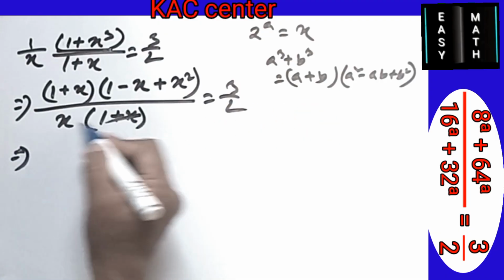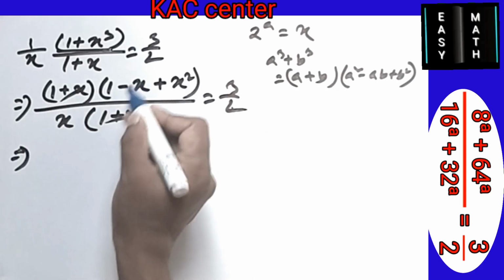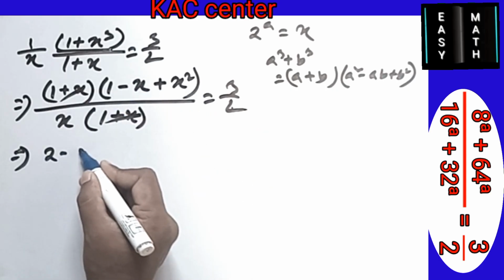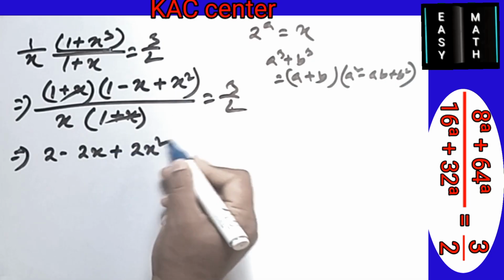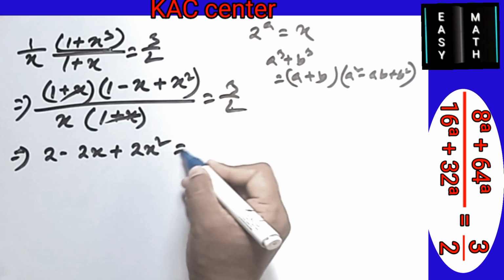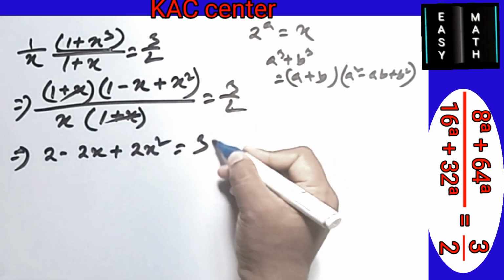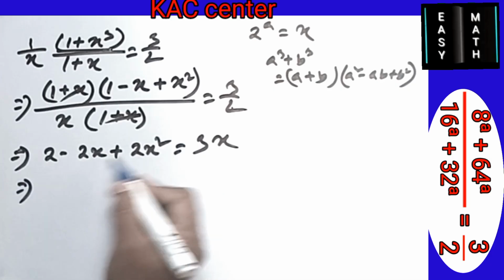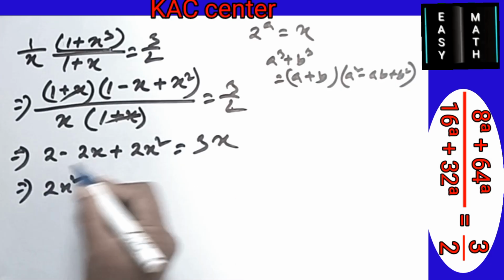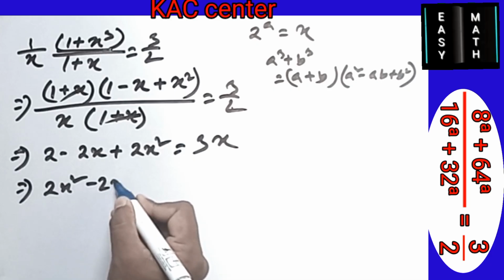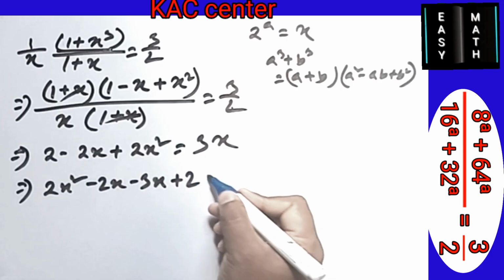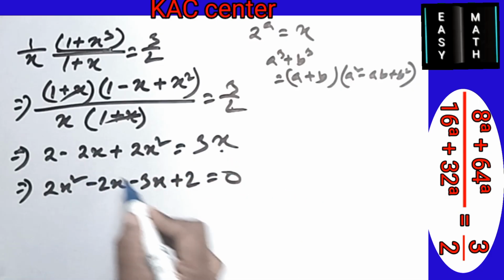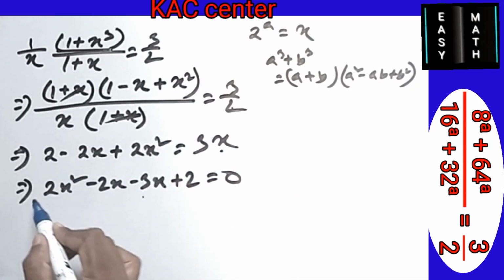Now cut this and multiply here, so 2x, and 2x square, and multiply by 3, the 3x. Now 2x square, minus 2x, minus 3x, plus 2 is 0.